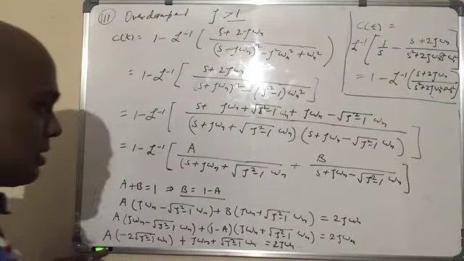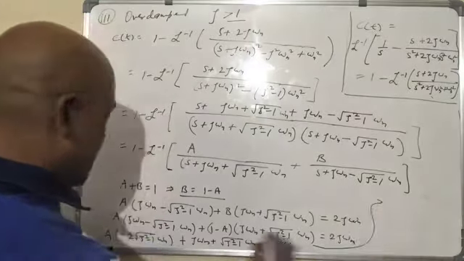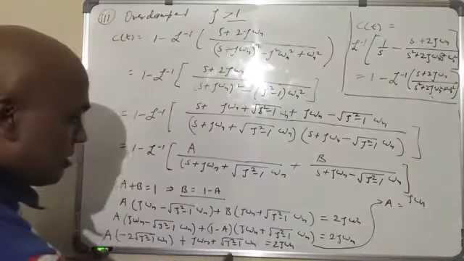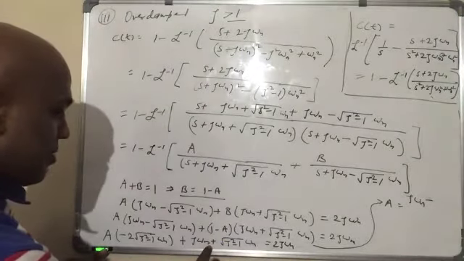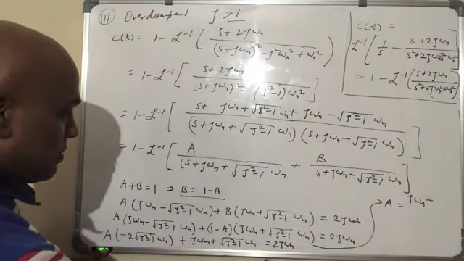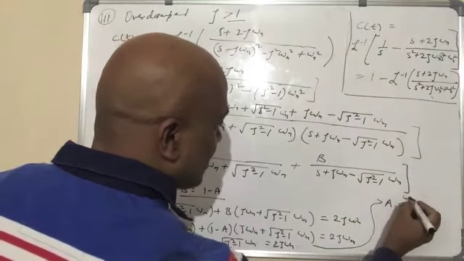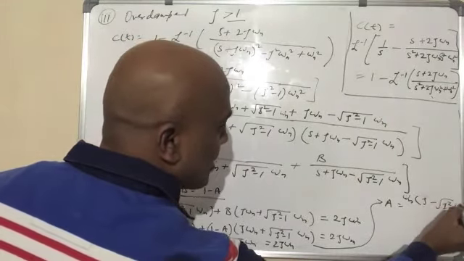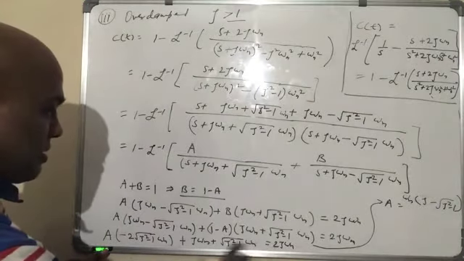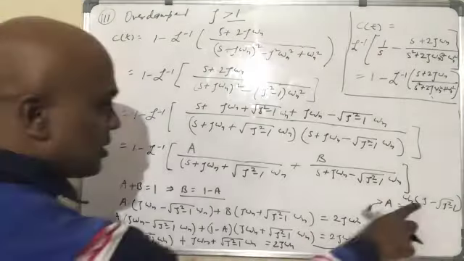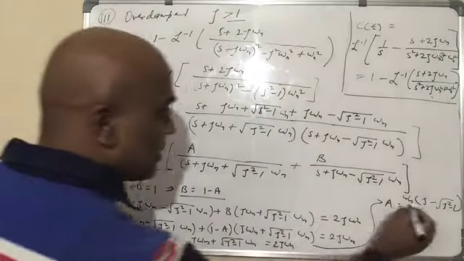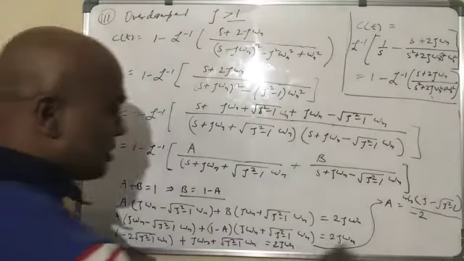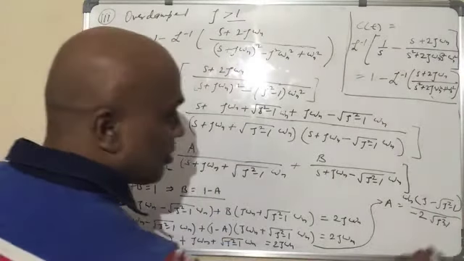and then what do we get? From here we get a is equal to zeta omega n minus zeta omega n minus, so we can write omega n in common, and we have zeta minus root zeta square minus 1, so omega n zeta minus root zeta square minus 1, okay, divided by minus 2 root zeta square minus 1 omega n.